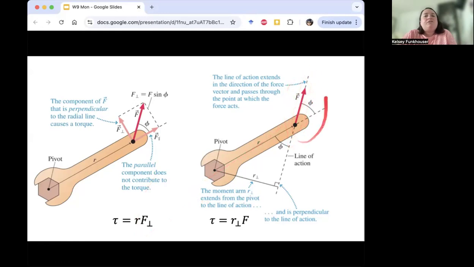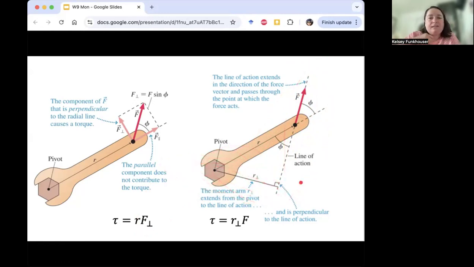So here's the direction of the force, right? And it's at an angle phi from the radial line, which, okay, they gave us the angle, so it's fine. We don't have to do any fancy work, but let's say we don't have this angle. We have some other angle, and it makes more sense for us to get the perpendicular component of the radial line instead.